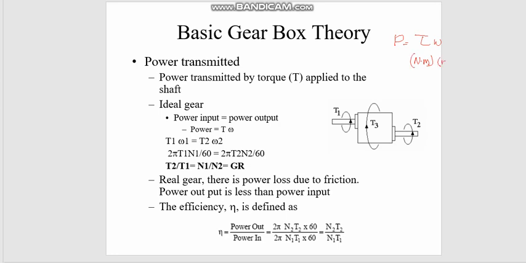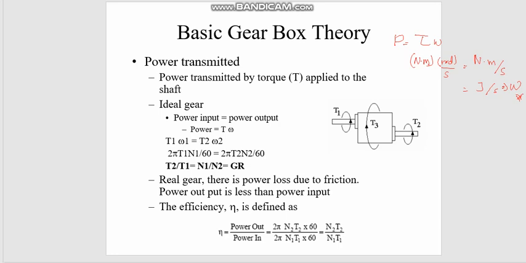Omega is in radian per second. So the unit is actually Newton meter per second, so this is joule per second, so this is actually watts. So that's why power is equal to torque times angular velocity, and the unit is watts.